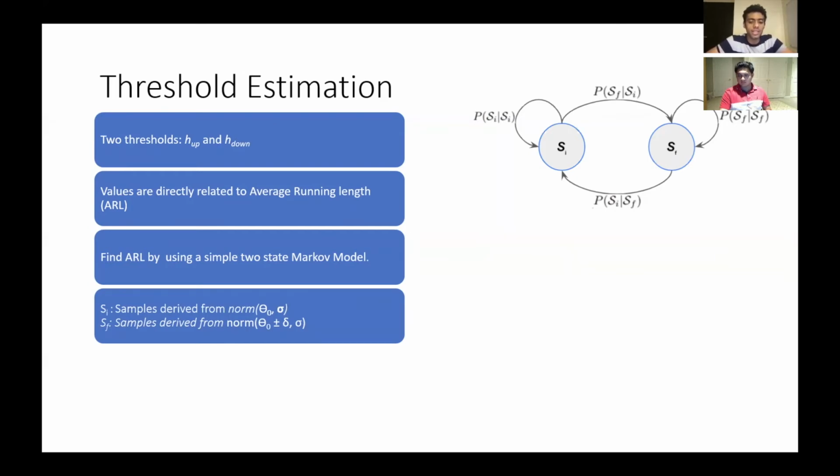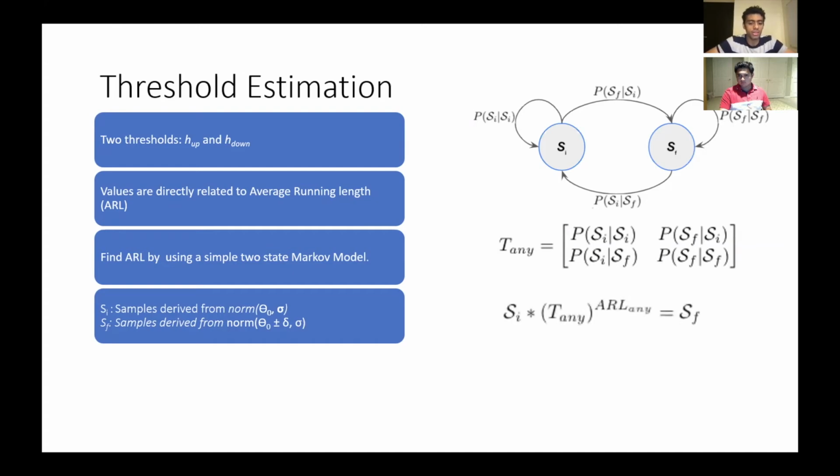The instantaneous state of a signal can be completely described by the probability of it being in state SI and the probability of it being in state SF. Based on this Markov model, we can create transition matrices for each direction, up and down, as shown by T in this slide. Keeping the Gaussian assumption in mind, the probabilities in the matrix can easily be calculated using Bayes' rule.